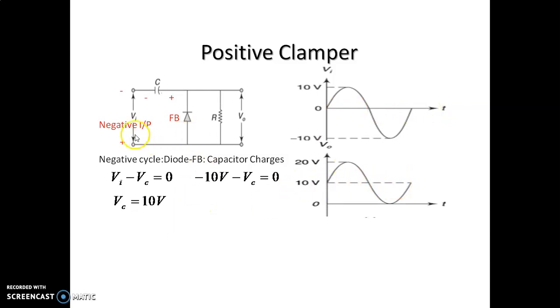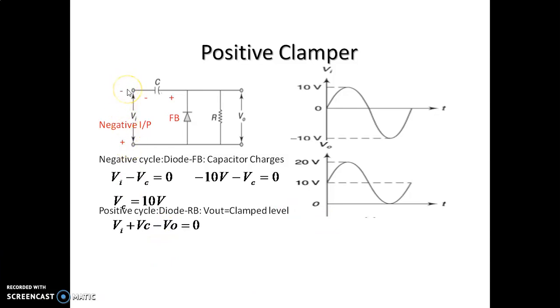Now if we apply a positive half cycle to this circuit, then the diode will be reverse biased and it is open circuited, or else we can assume that this diode is not at all present, and we can calculate the Vout level by applying Kirchhoff's voltage law. If we apply the positive cycle, this terminal polarity gets changed.